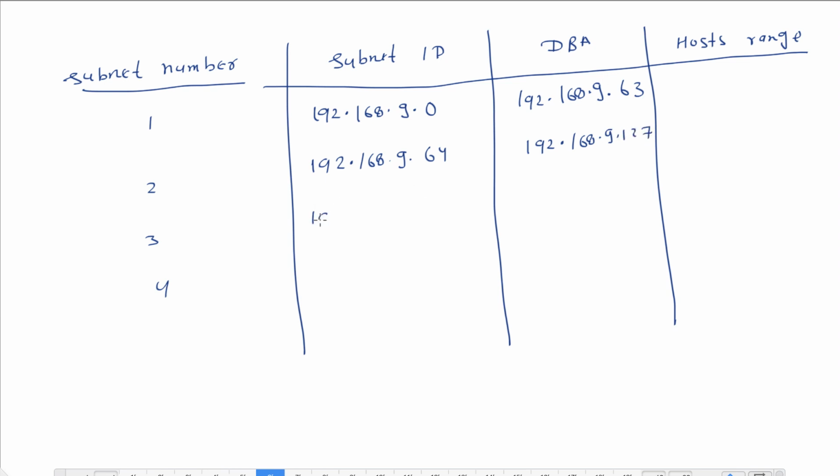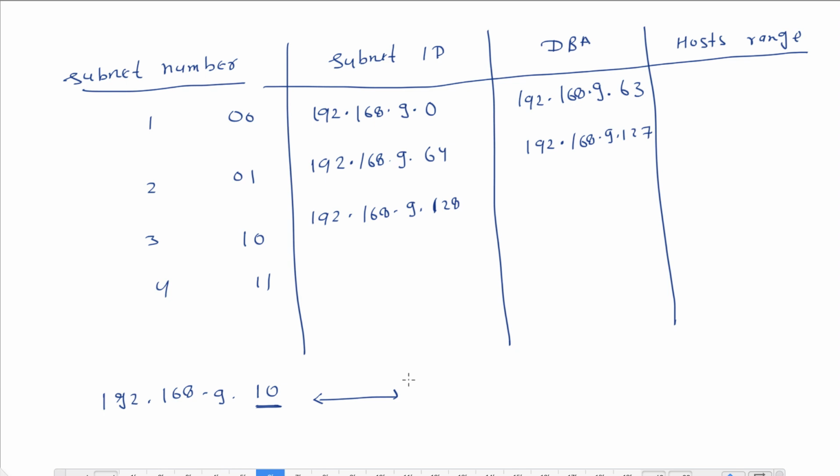Now it is 192.168.9.128. Why? Because for subnet 3 this is 00, this is 01, this is 10, this is 11. So you will have 10 fixed, and then all zeros. If you put all zeros, it will be 128.